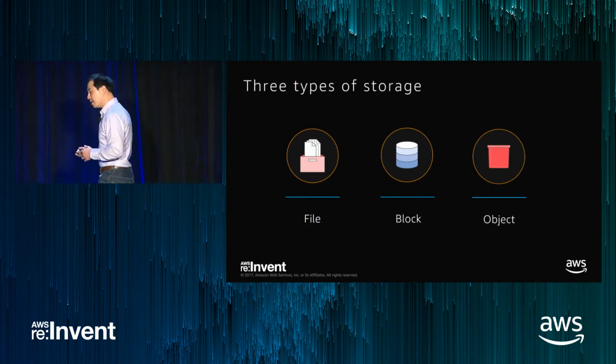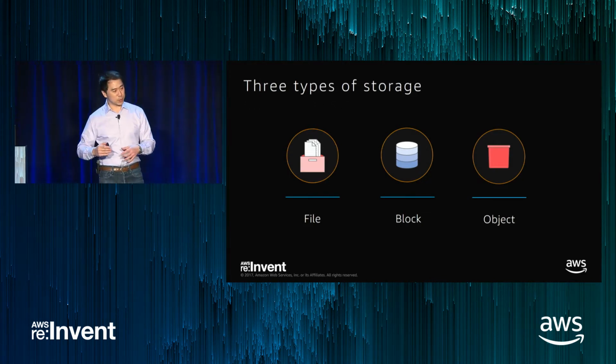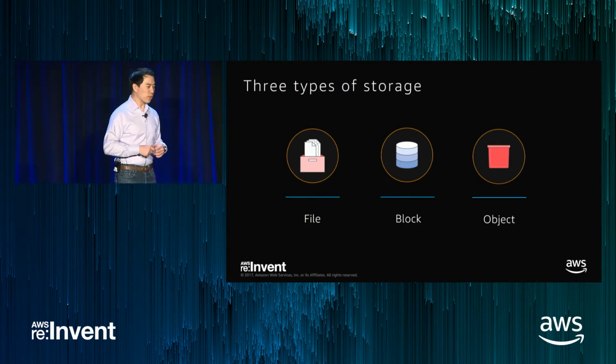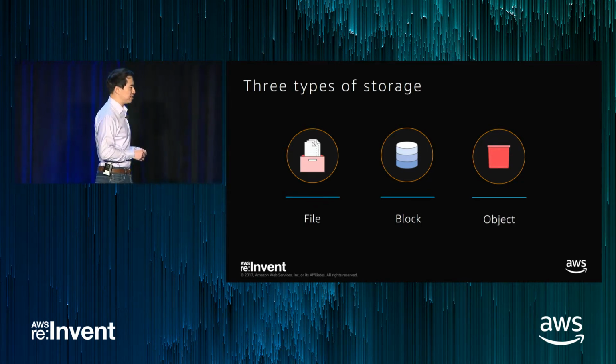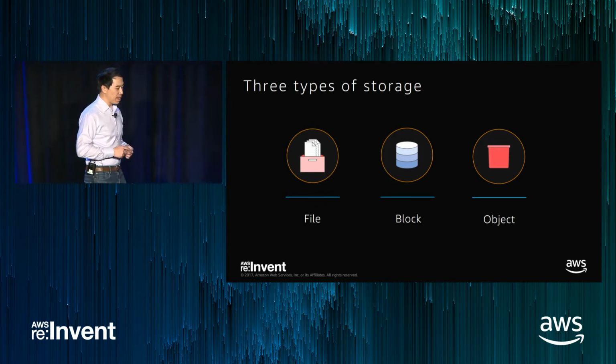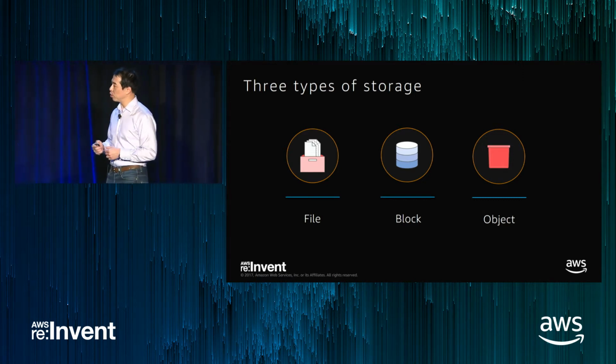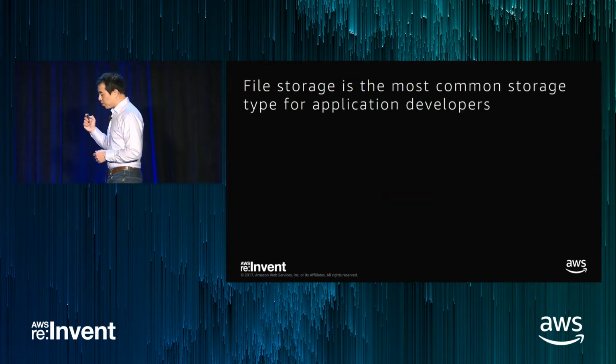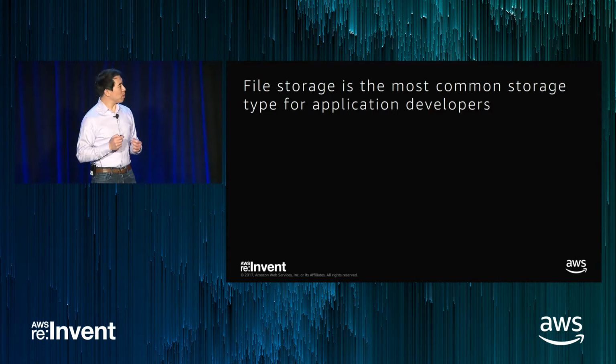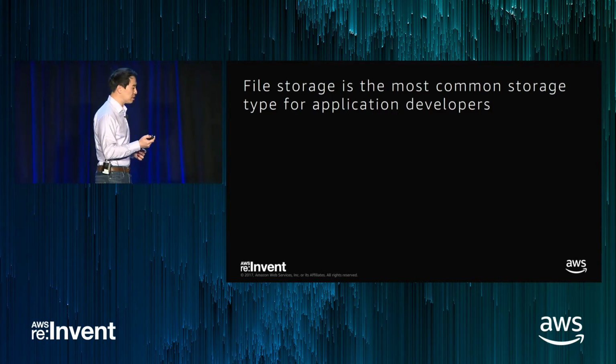So today, both in AWS as well as in storage in general, there are 3 main types or categories of storage available today. There's file, block, and object. And we'll just quickly go through each one. So file storage is the most common type of storage for applications today, and there's very good reasons that's the case.